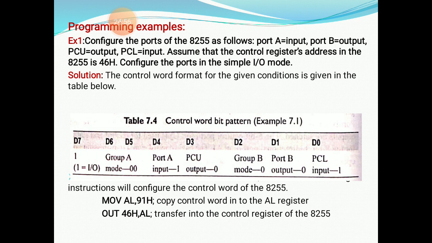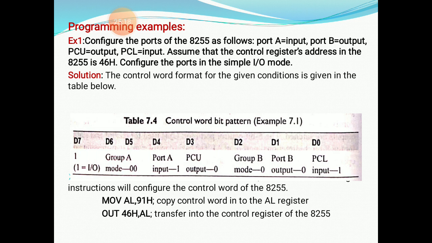The table consists of 8 bits, D0 to D7. For this simple I/O mode of operation, the D7 bit is always 1. D6, D5 belong to mode selection of group A. Group A consists of port A and port C upper. These ports are used as either input or output ports.